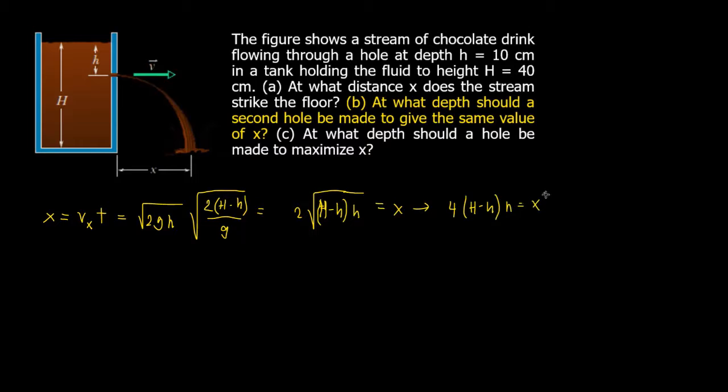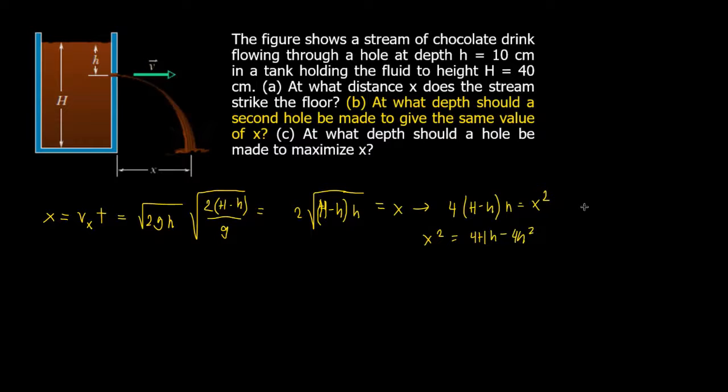And thus, if we express this in terms of h, x squared equals 4 big H little h minus 4h squared.